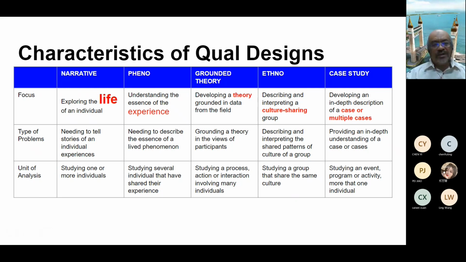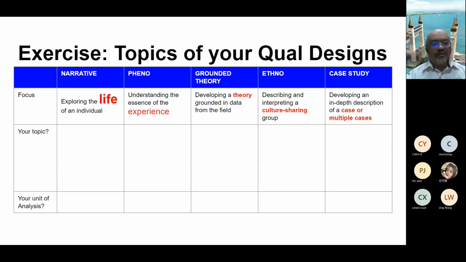That means, what are we going to study? Is it an individual? Is it the organization? Is it the case? And so on. And after that, you need to think about, if you want to do qualitative research, the narrative one, what will be your topic and what will be your unit of analysis?